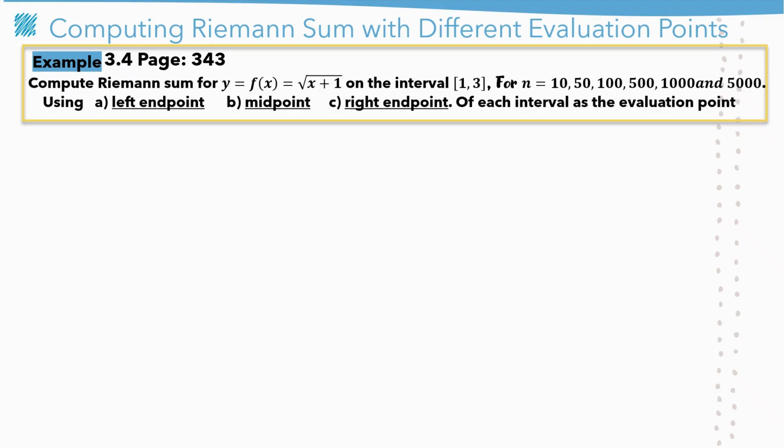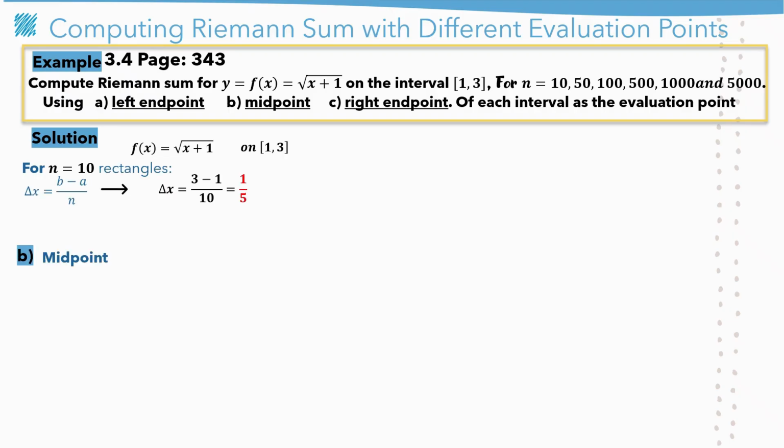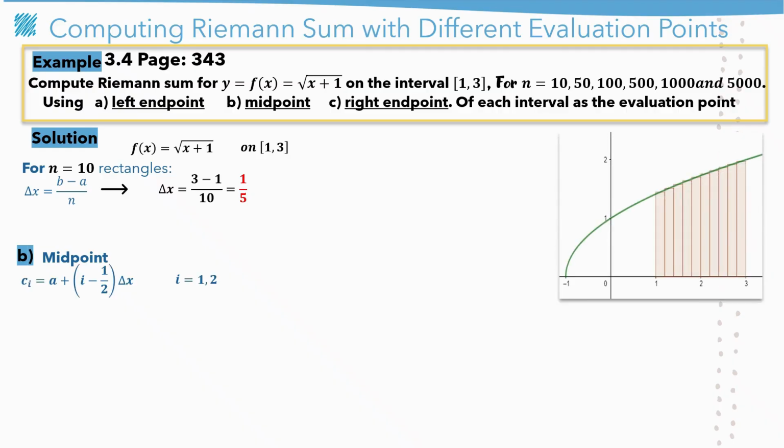Now let's move with the midpoint. Your delta x remains the same because your n, a, b remain the same. Now let's apply the midpoint formula: a plus (i minus half) delta x. What's your a? Yes, it's 1 and delta x is 1 over 5.